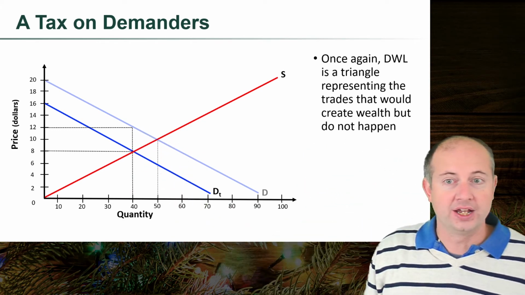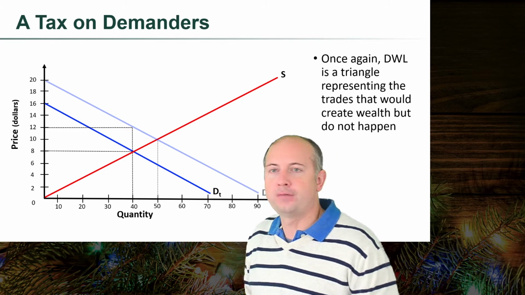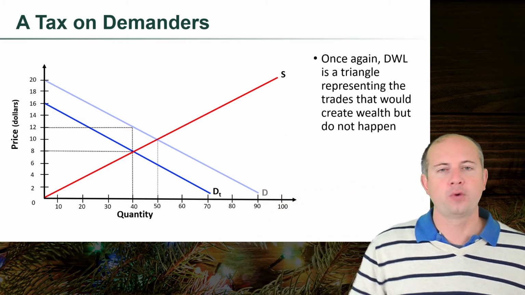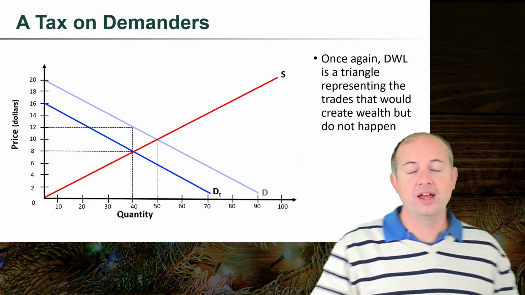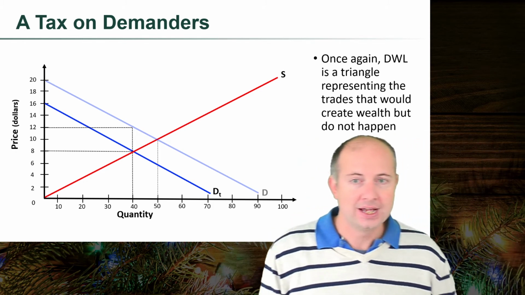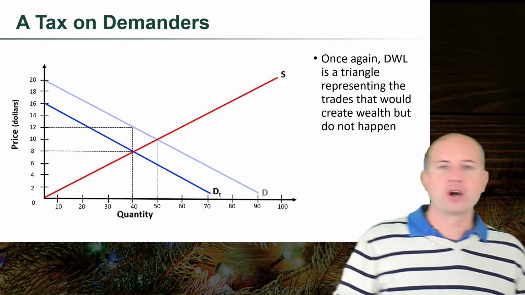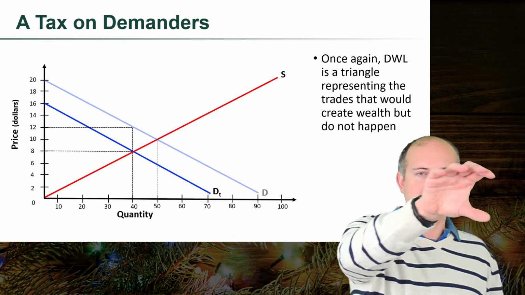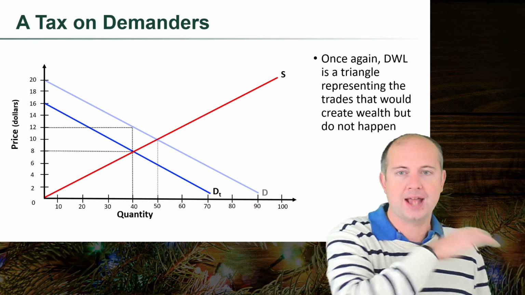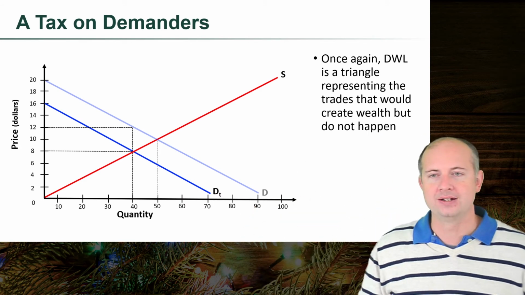How much do I like the good? Then we'll suppose there's a $4 per unit tax put in place on the buyer. So every time you buy a pack of cigarettes, the government takes $4 from you. When you get your receipt, you have the price of cigarettes here plus $4 in tax. There's your total amount paid. Okay.